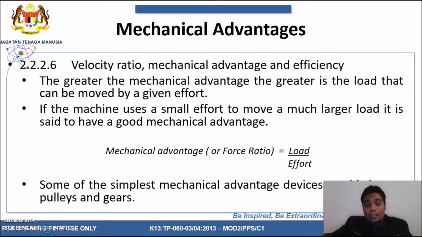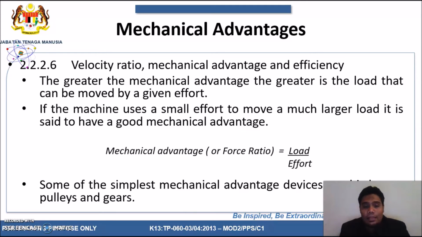So the mechanical advantage of the hydraulic jack is bigger, because while you give less effort, you can lift a big load. You can lift a car with the small effort you press, but you can lift a big car load. That is mechanical advantage. If the machine uses a small effort to move a larger load, a heavy thing, it is said to have a good mechanical advantage.